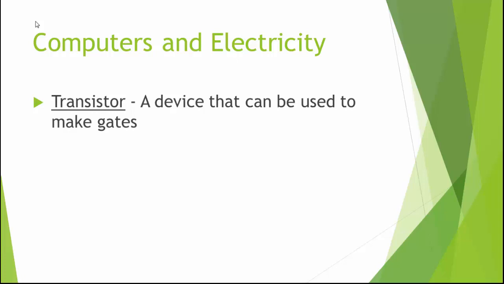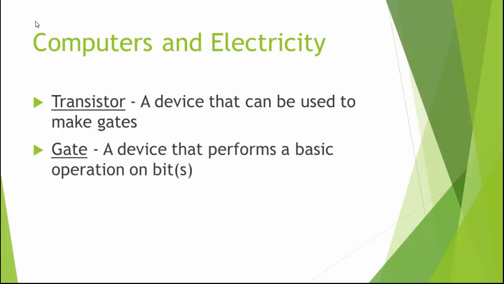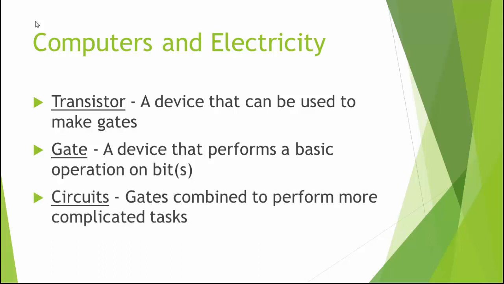So, an integrated circuit, essentially we can view it as a collection of transistors, and those transistors get arranged together to form the logic gates that we've talked about previously.